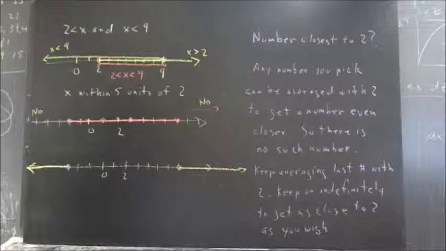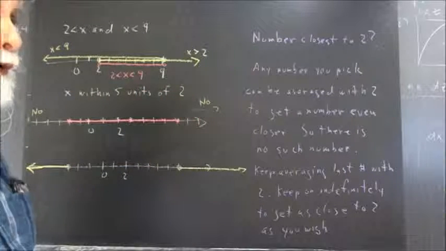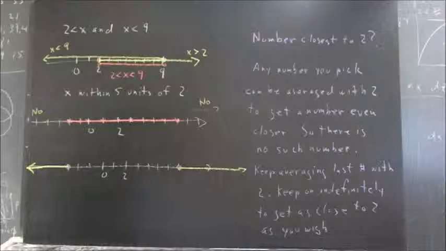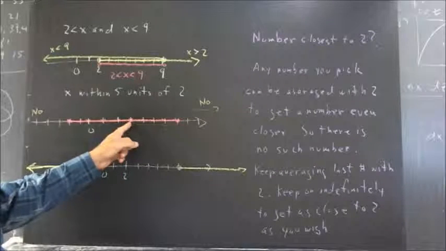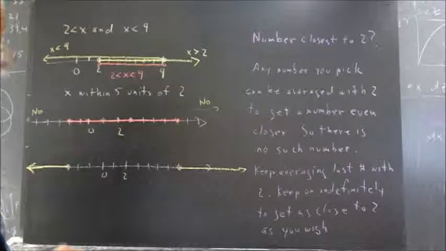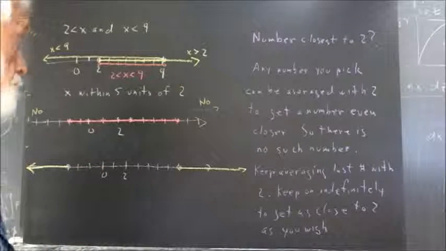Okay, another question. X is within 5 units of 2. Where are some points where that's true and where are some points where it's false? Well, somebody said 3. Okay, yeah, 3 is only 1 unit from 2, so it's within 5 units of 2.